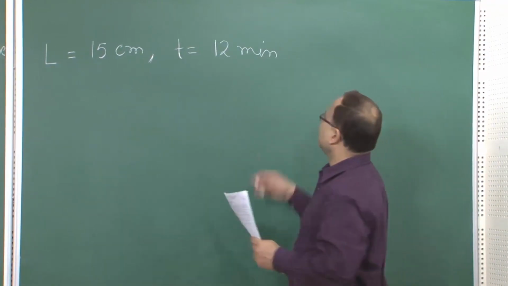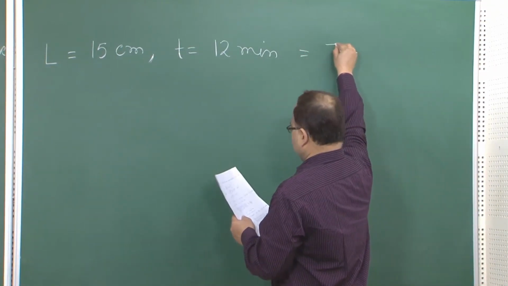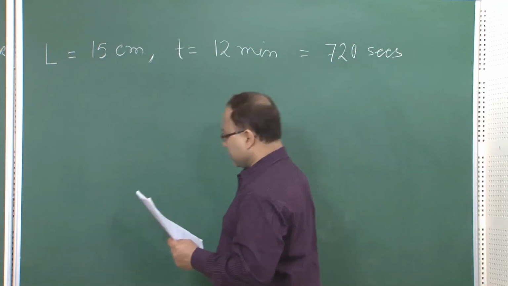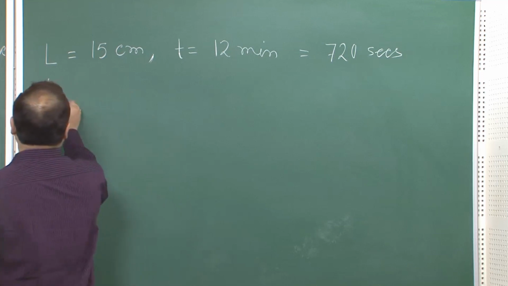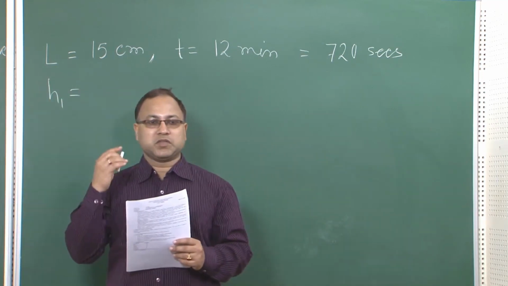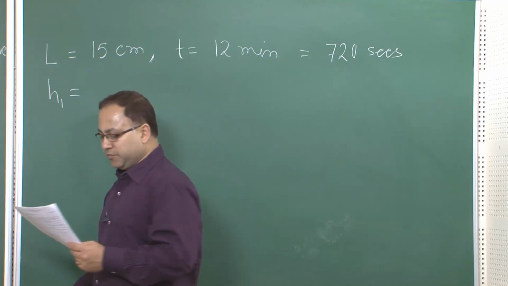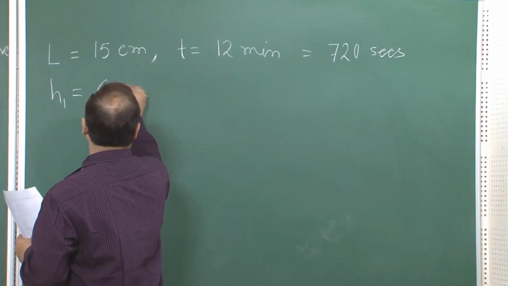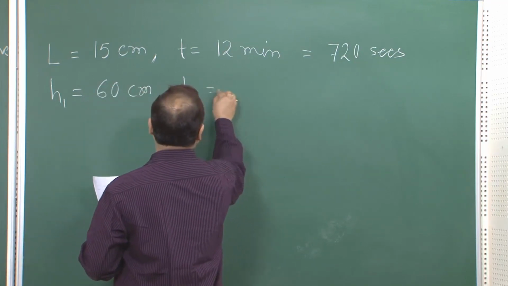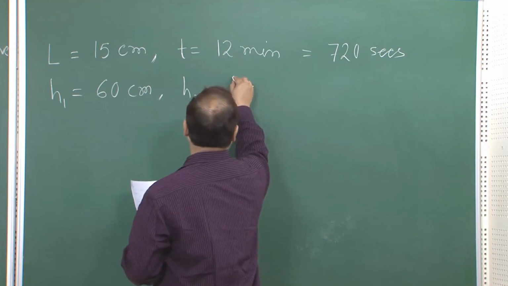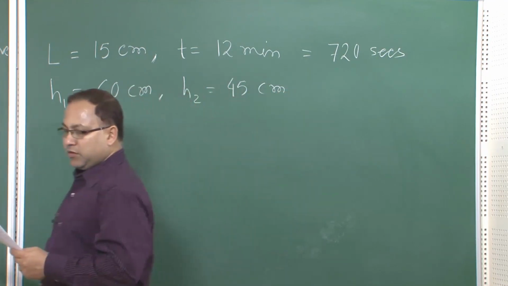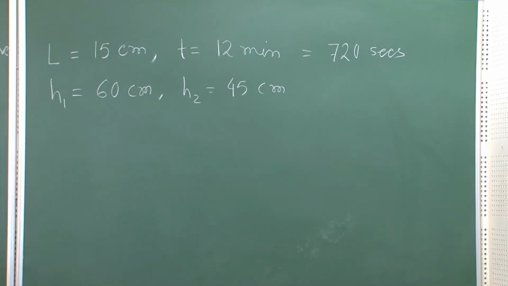So, that comes as 720 seconds, in terms of second. H1, the initial head from where you are initiating the experiment, is given as 60 centimeter, and the final head observed after 12 minutes is 45 centimeter. So, these are the parameters given in the problem.